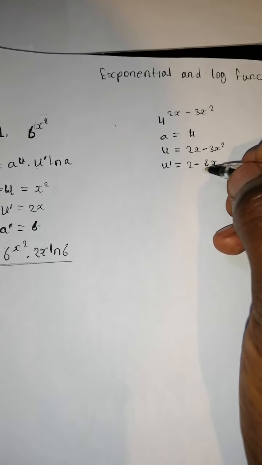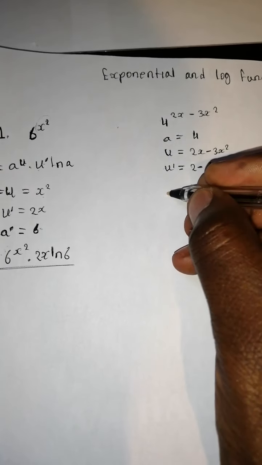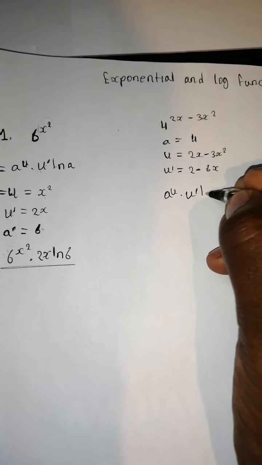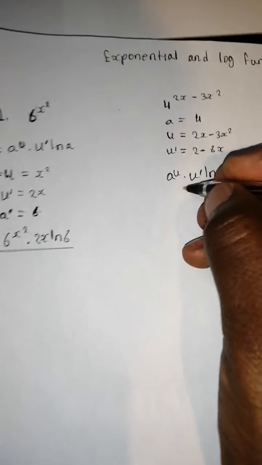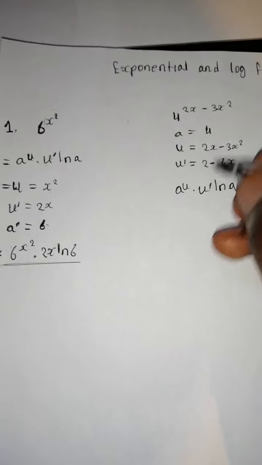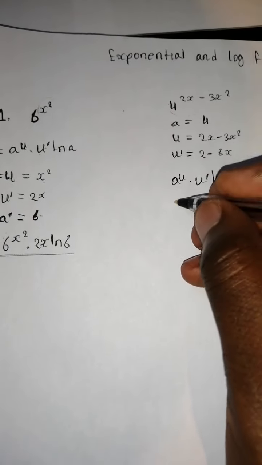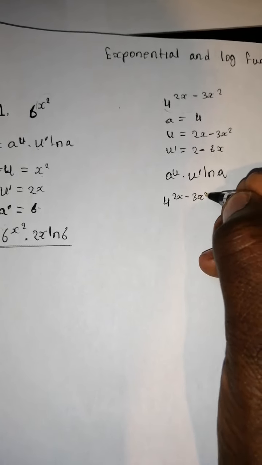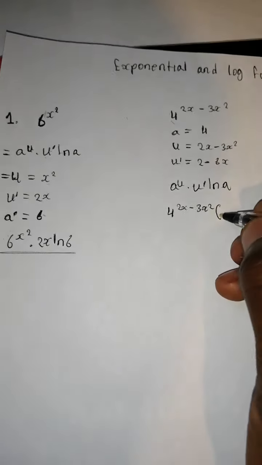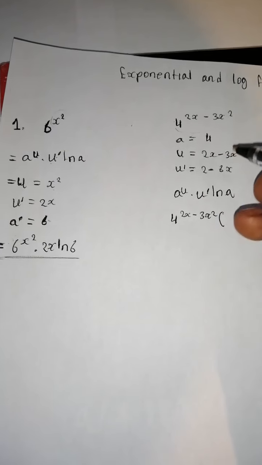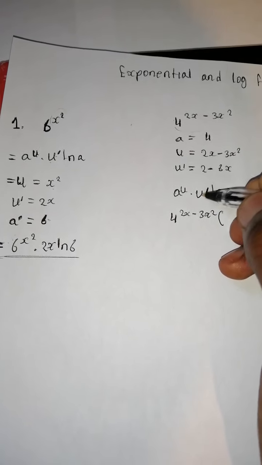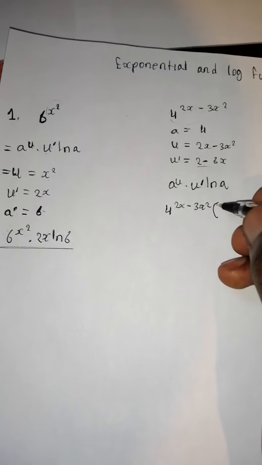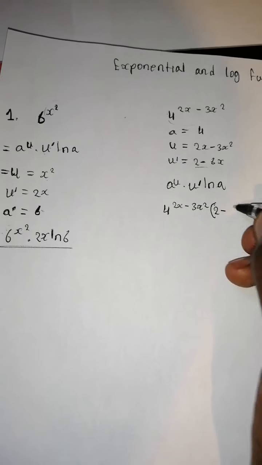After finding this, we replace in the formula, which is a^u times u prime times ln a. a^u is the original function, 4 raised to the power 2x minus 3x squared, and then open bracket. u prime is the derivative of u, so it is 2 minus 6x.